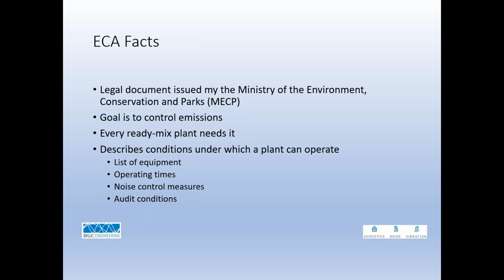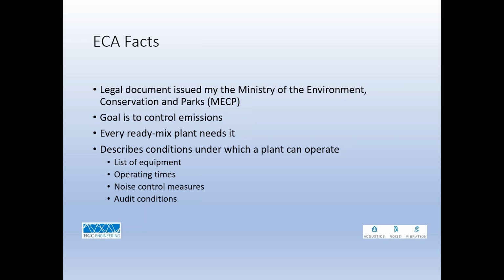So first of all, I'm just going to generally summarize what is the environmental compliance approval. I'm going to probably overlap a little bit with what Neil was saying, but just to recapitulate, essentially, the environmental compliance approval is a legal document that you need to operate legally in Ontario.